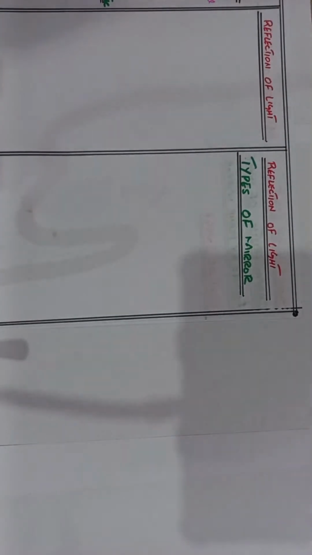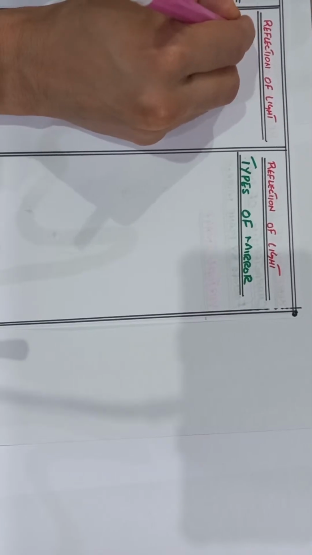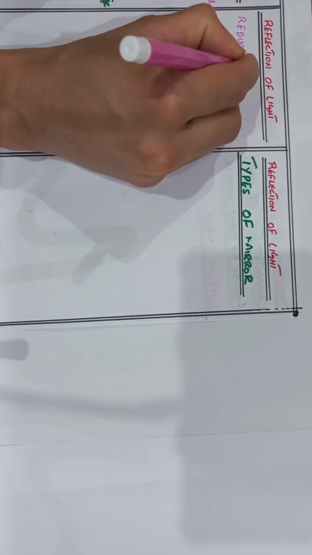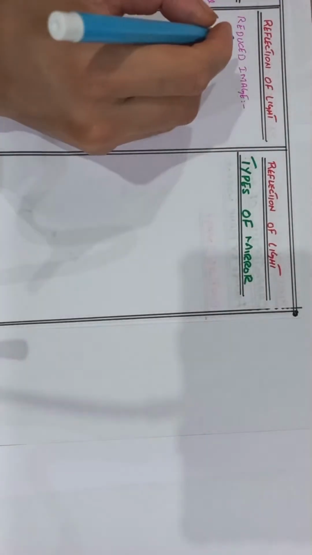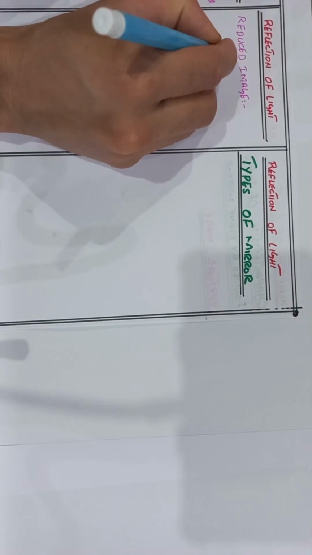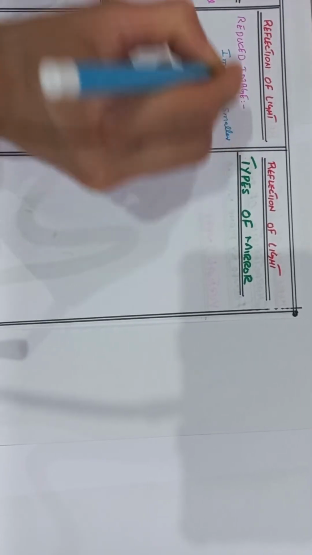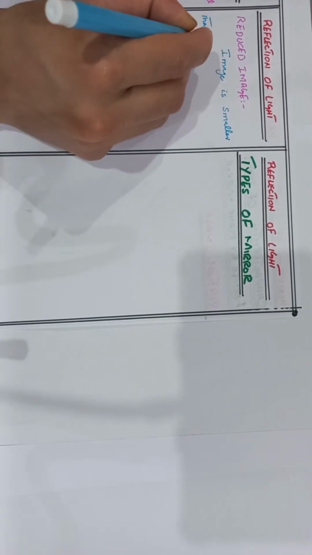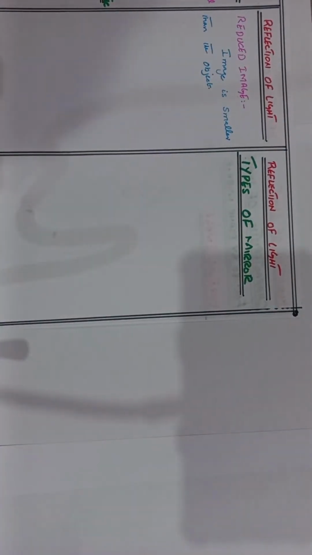So here we write that a reduced image is smaller than the object.